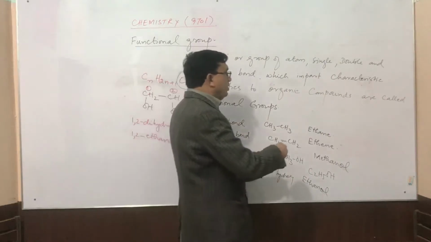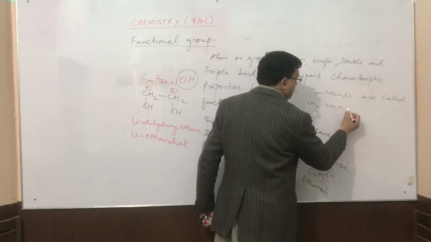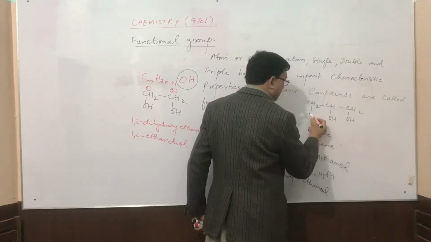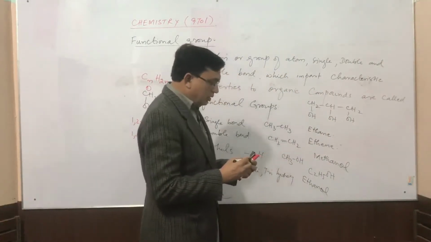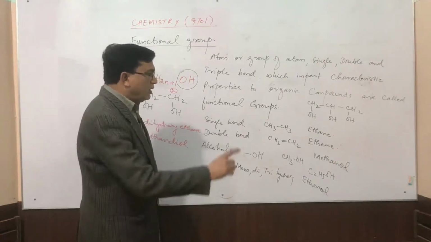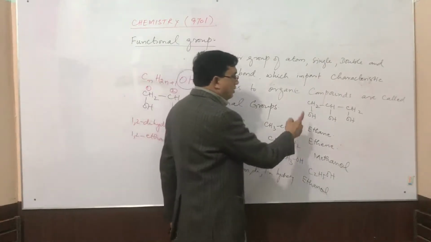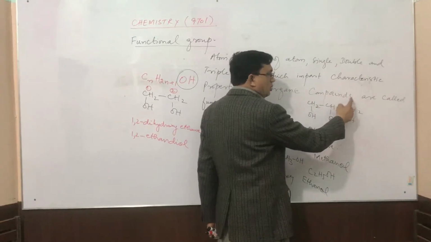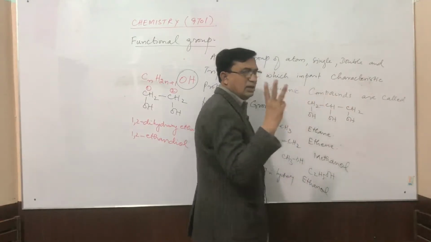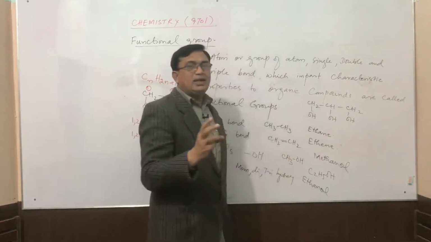For example, this is another compound. If we want to name this, what will be the name? The name will be 1,2,3-propanetriol. Propane, 1,2,3. In total there are 3 carbons in propane and all carbons contain an OH group.